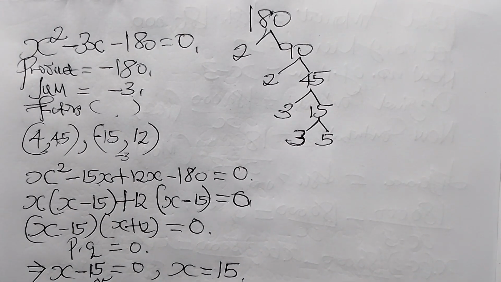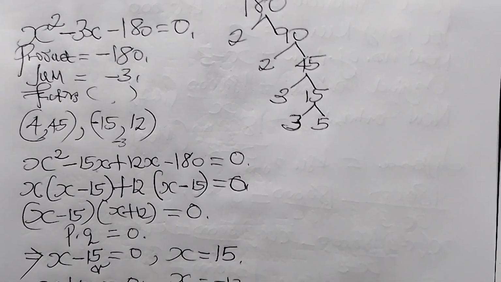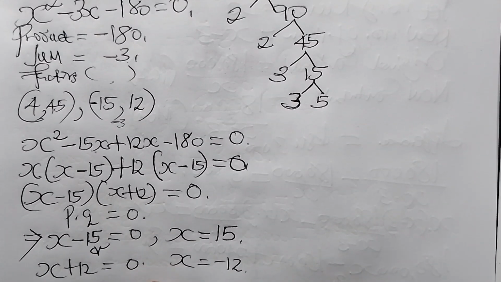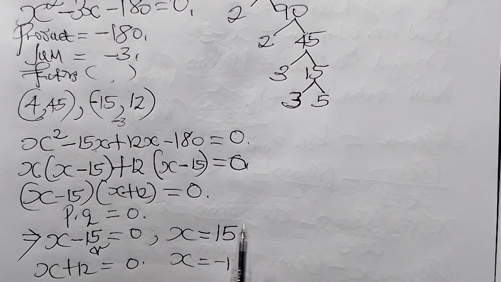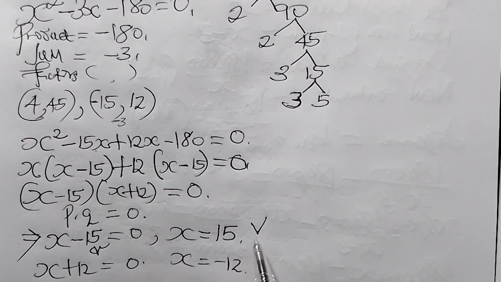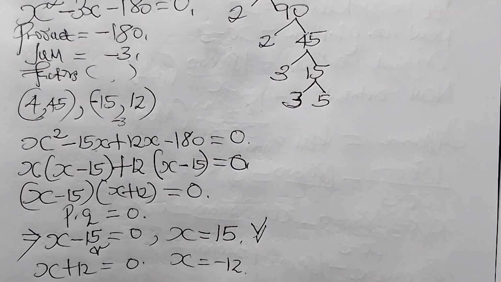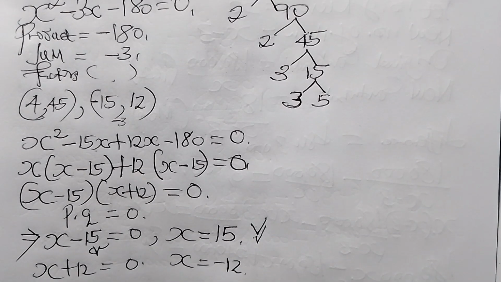So to get our value correct, we are going to take the value of x to be equal to positive 15, because we are talking about human beings. They cannot have a negative value. So we discriminate the negative value and take the positive value.